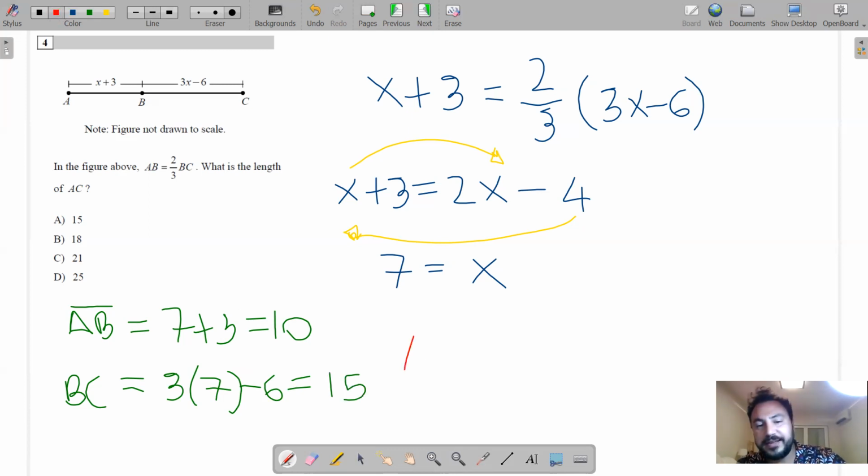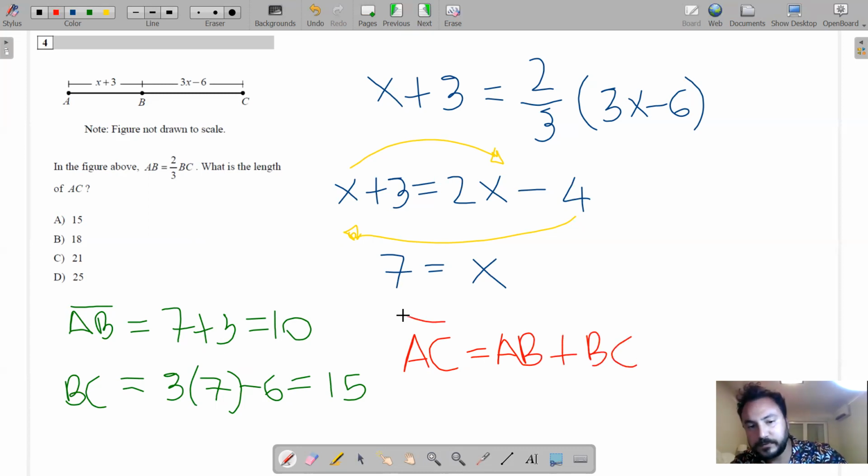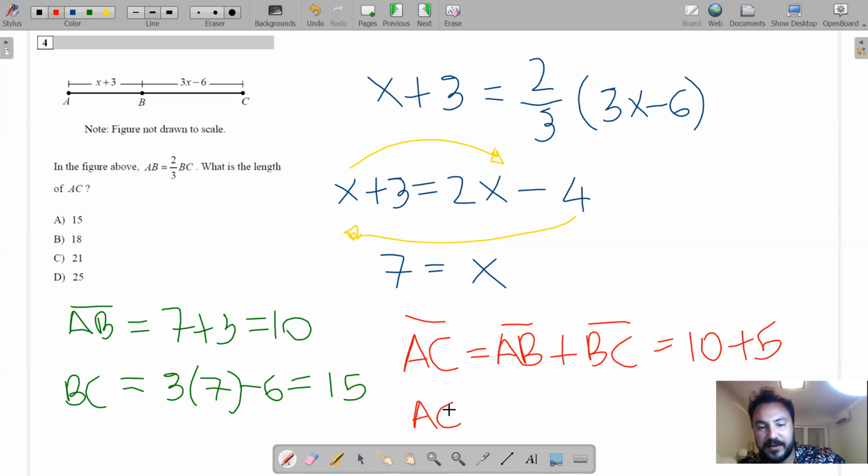So AC is just equal to AB plus BC, it will be just 10 plus 15, which means that AC will be 25. There is no unit involved, so the answer is just 25.